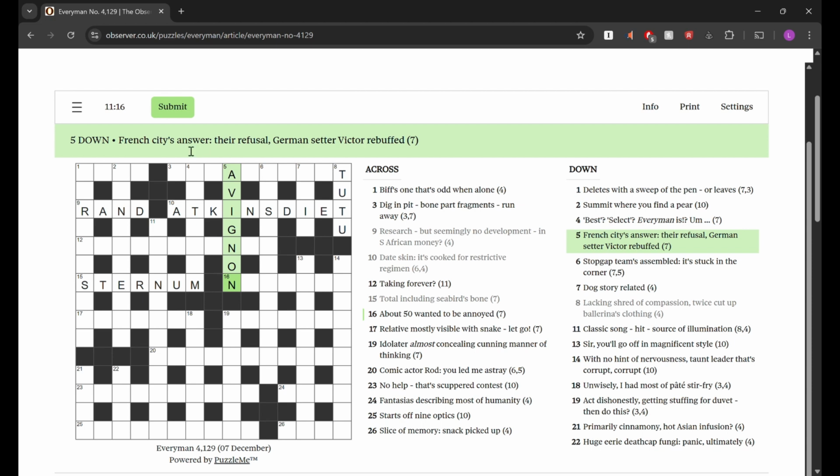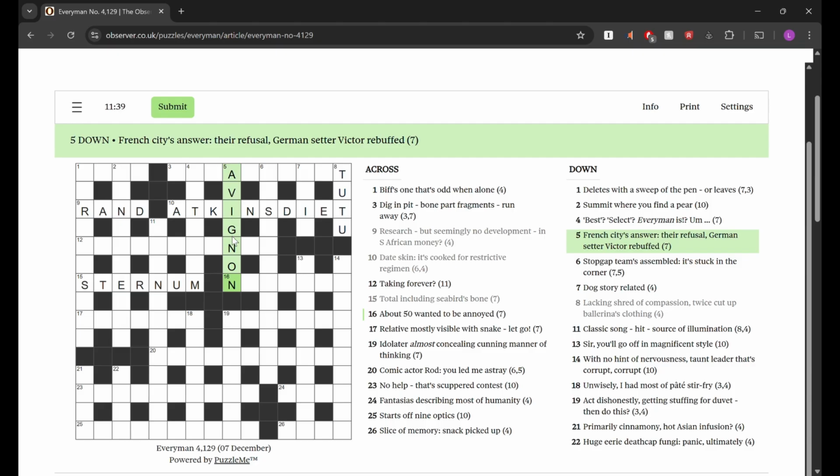French cities answer, so I guess it's just A for answer. Their refusal, which would be no. And then German and Victor inside.